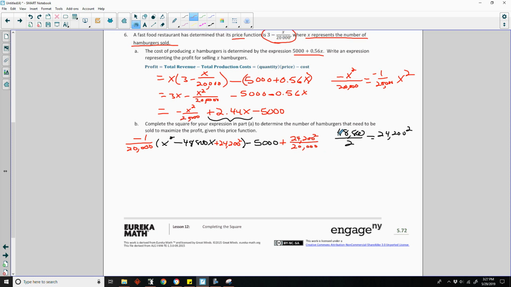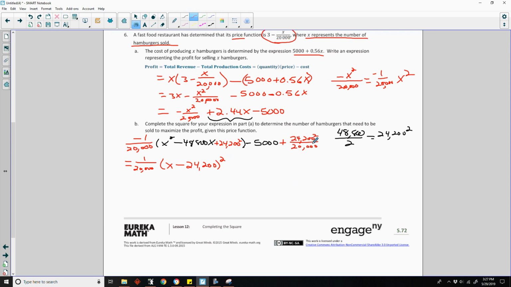Okay, so now that I've done that, we just need to simplify. So now that's going to equal, we leave the 1 over 20,000, parentheses, x minus, because that's a minus sign, and our b was 24,200, quantity squared.